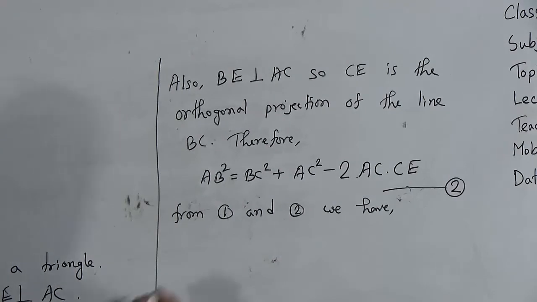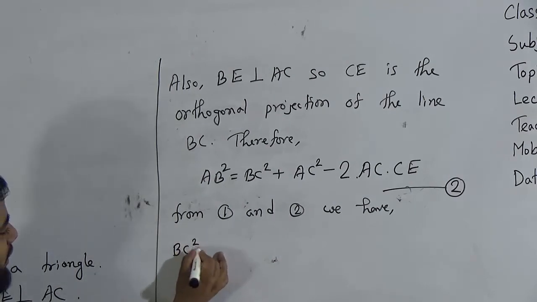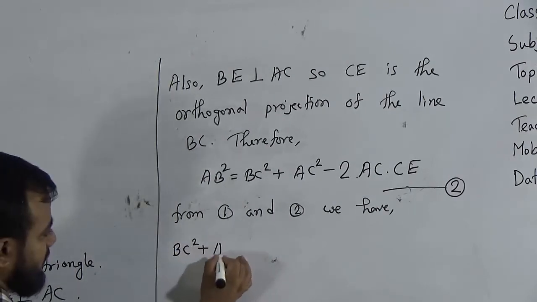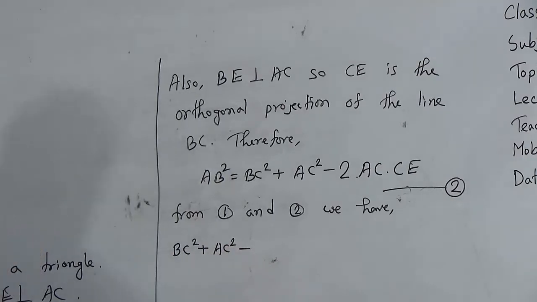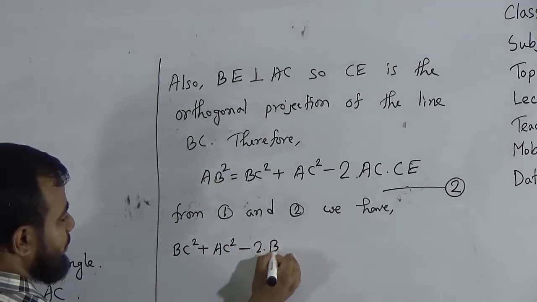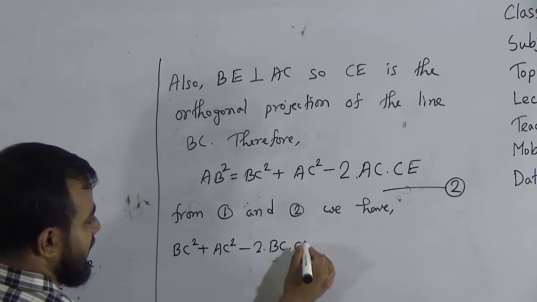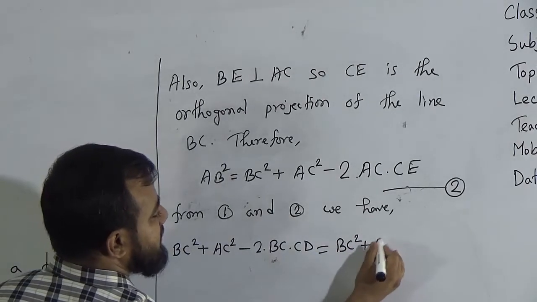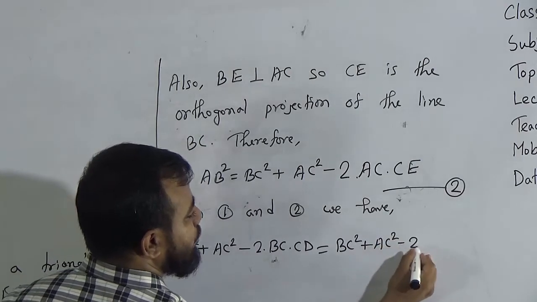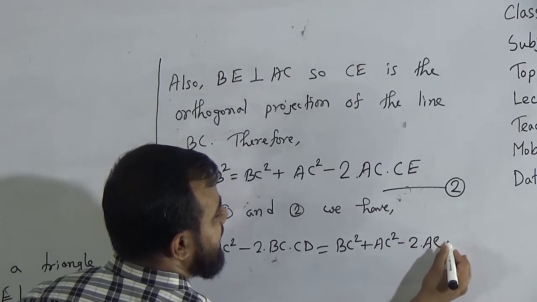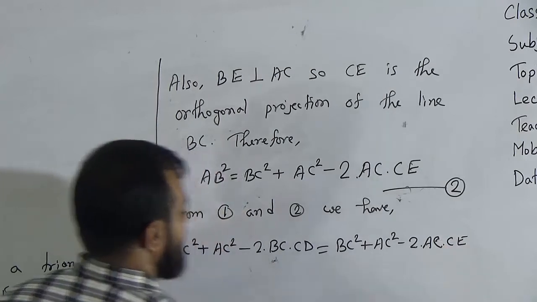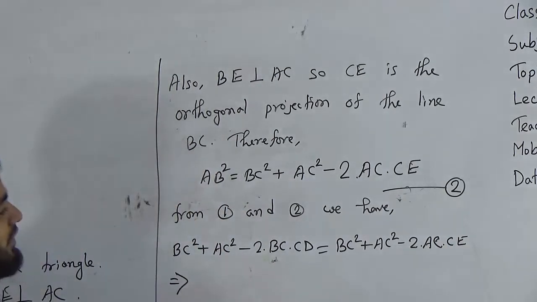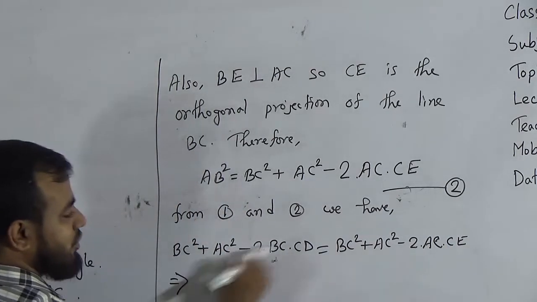So BC square plus AC square minus 2 into BC into CD, that's equal to BC square plus AC square minus 2 into AC into CE.